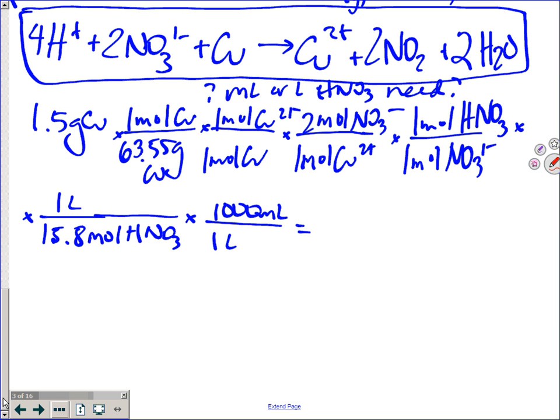I added this step in because I was trying to show this. I could have just left it as copper. This copper is a 1-to-2 ratio with that as well. You don't have to have the step. I didn't have it on my paper and I just added it. It's a 1-to-1.